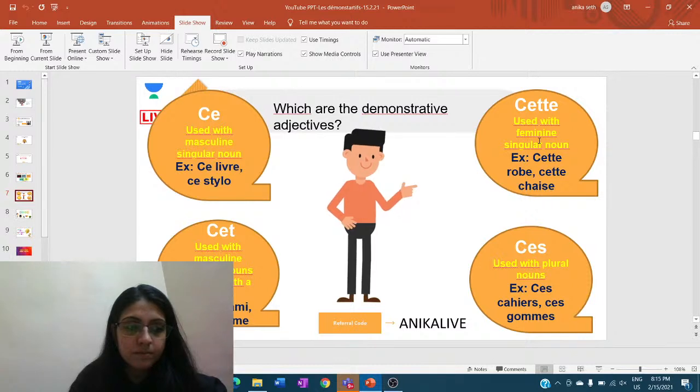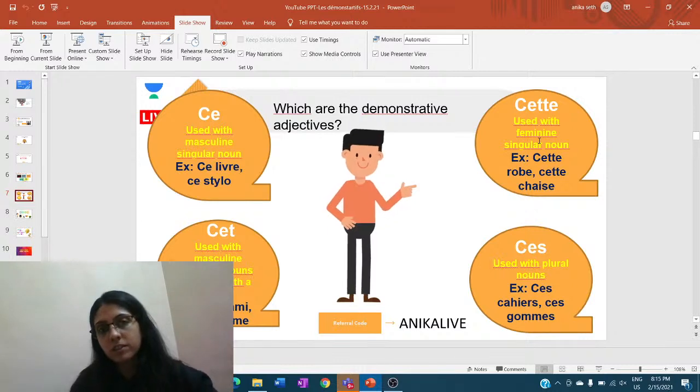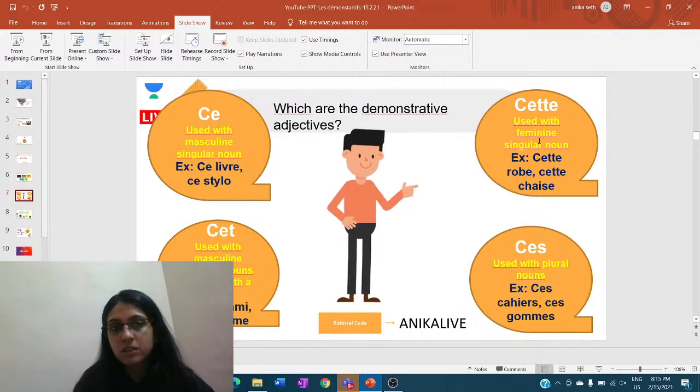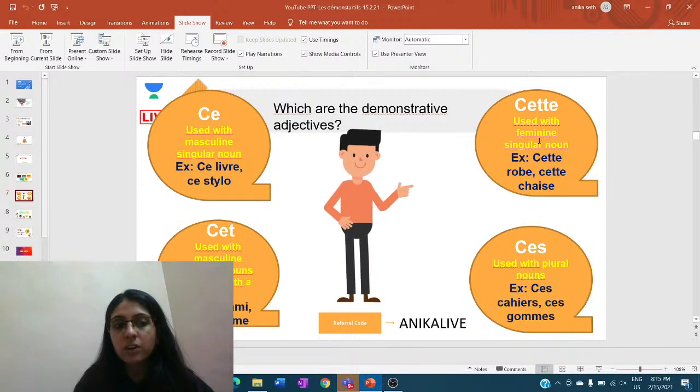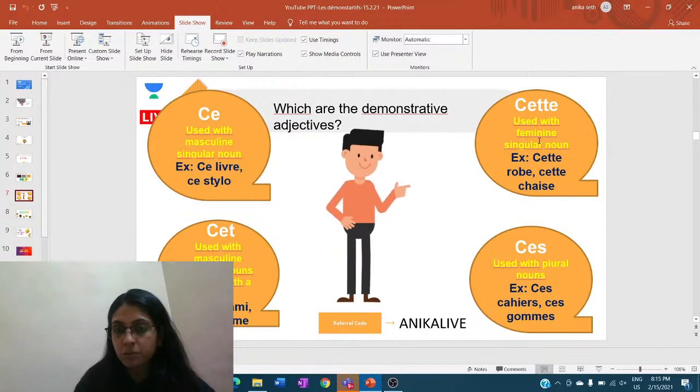Then next is C-E-S, "ces". Now this demonstrative adjective is used for all plural nouns. So be it masculine plural, be it feminine plural, we will use the same demonstrative adjective which is CES.